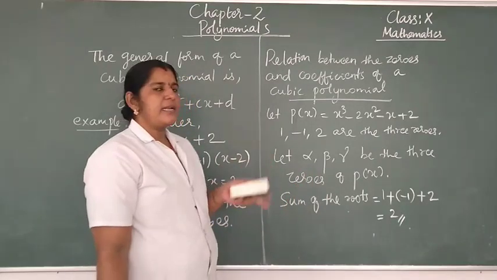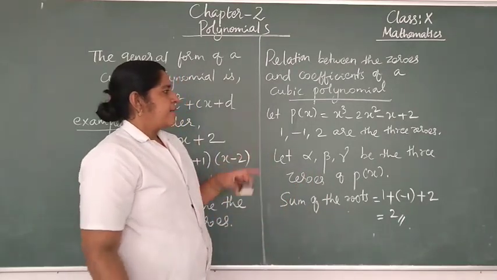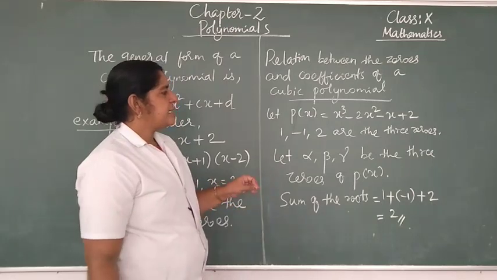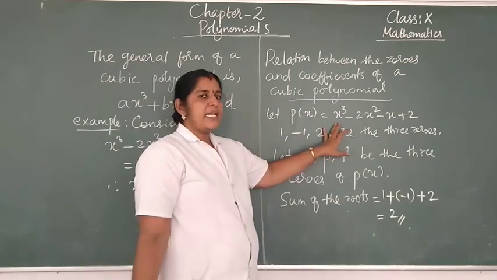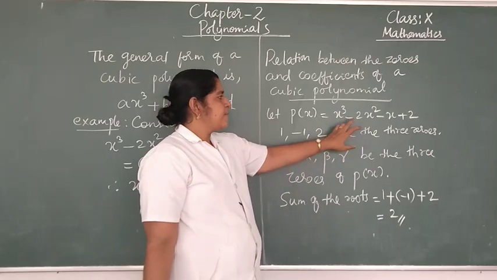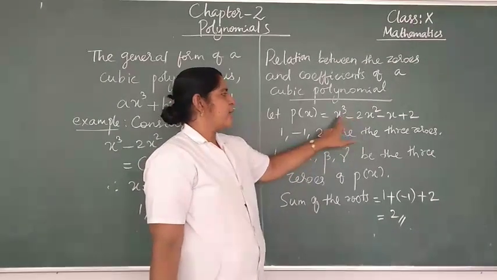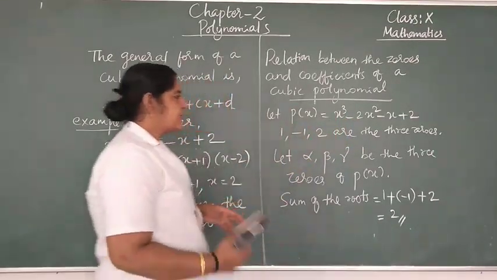Now as we did in the quadratic polynomial, we can find out the value of minus b by a, that is coefficient of x square by coefficient of x cube. Let us find out.